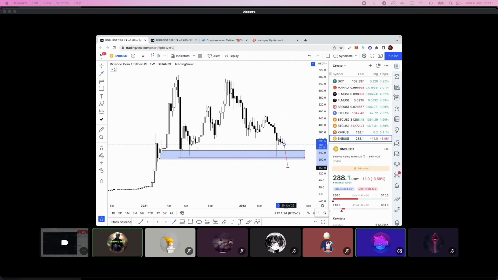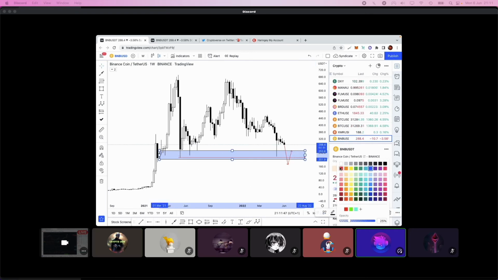Maybe not as far as there, but it could easily come here and give us that wick back up, like what Bitcoin did, come back up here and then start to range back in here and back into this level.